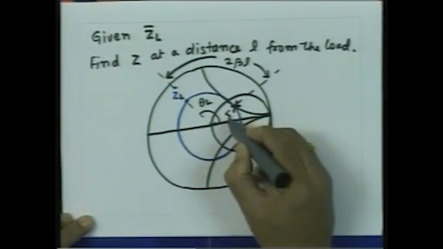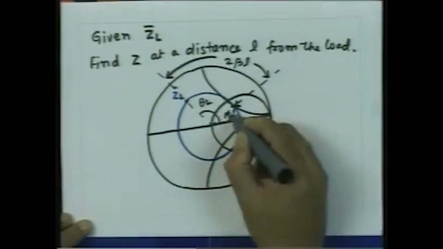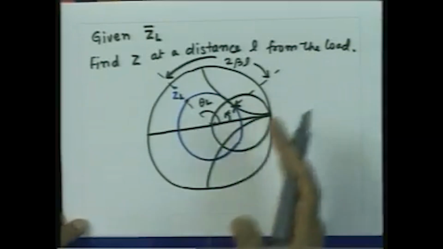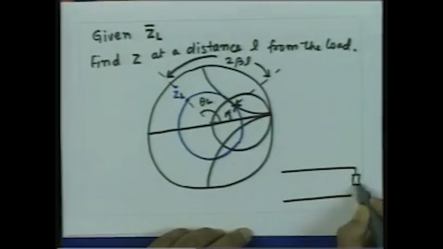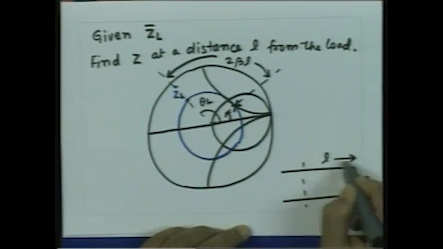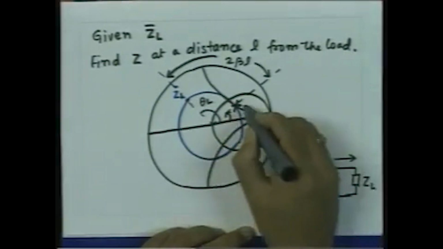This angle now will be the angle of the reflection coefficient at location L. I can read this angle; the magnitude is the same as what I had got from here. So, I got the complex reflection coefficient at location L. If this is my transmission line and this is my load impedance ZL, the reflection coefficient here was ΓL. If I move a distance L from here, the reflection coefficient at this point is represented by this point.